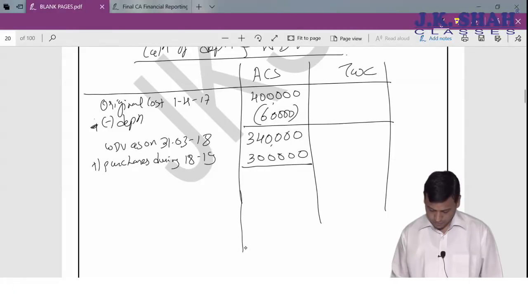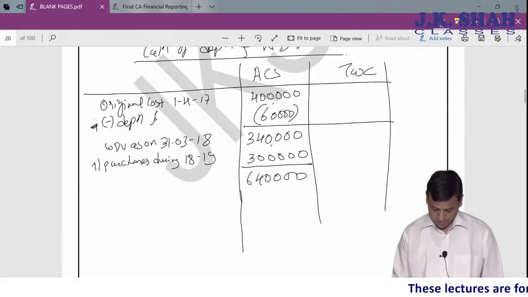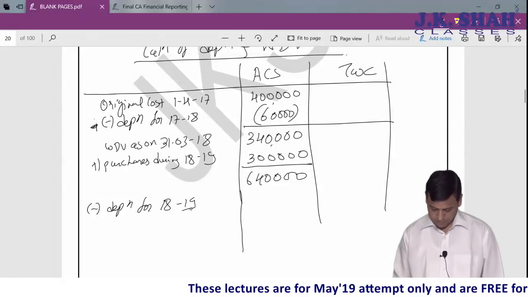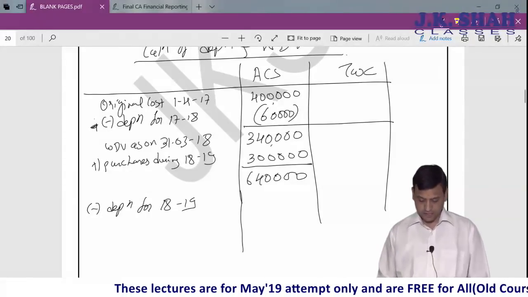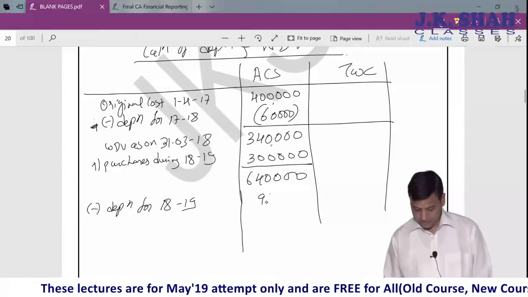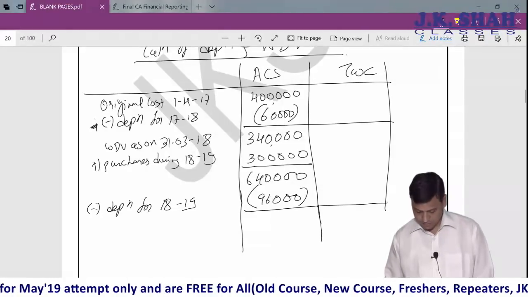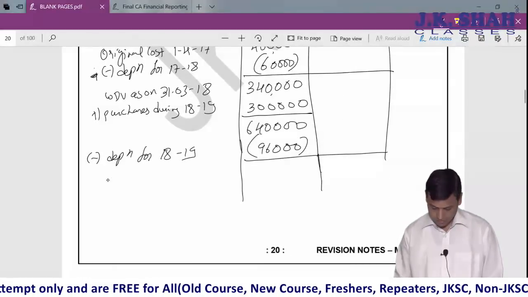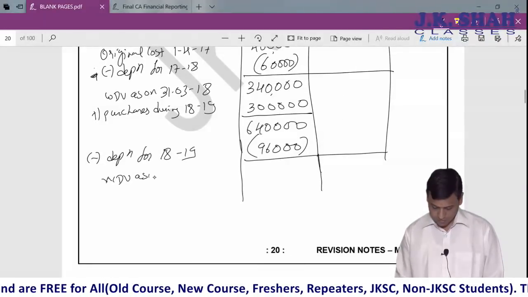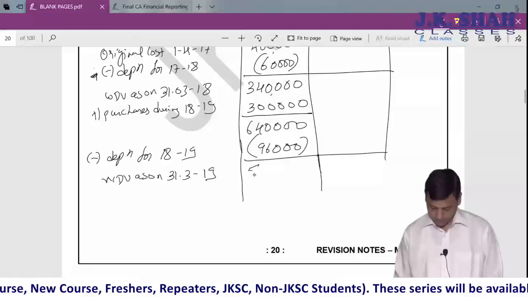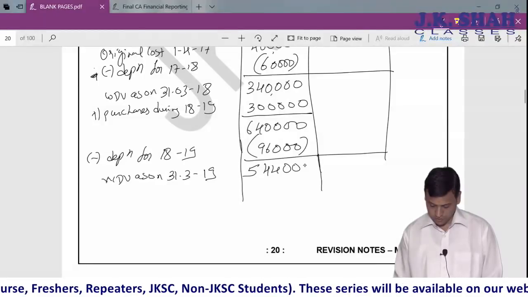So, what you now have with you is 6,40,000. Depreciation for 18-19, 15% of 640, is 96,000. That leaves 5 lakh 44,000.